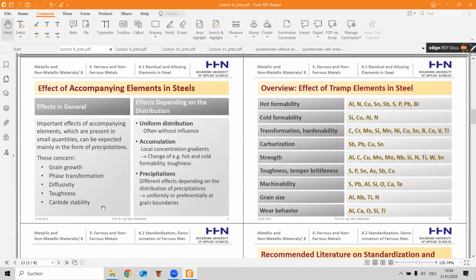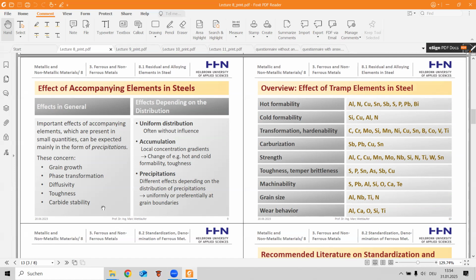Uniform distribution or accumulation changes hot and cold formability, toughness, and so on. Precipitation has different effects depending on its distribution, and forms preferentially at the grain boundaries.